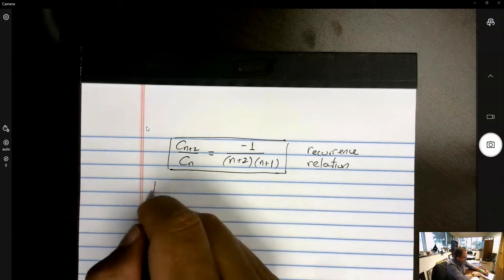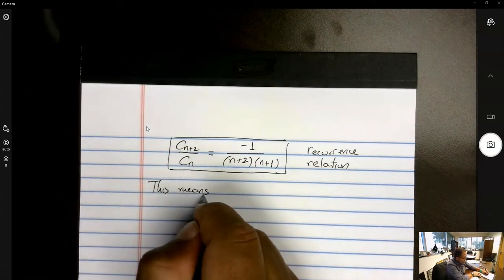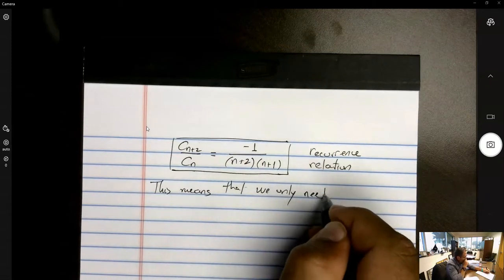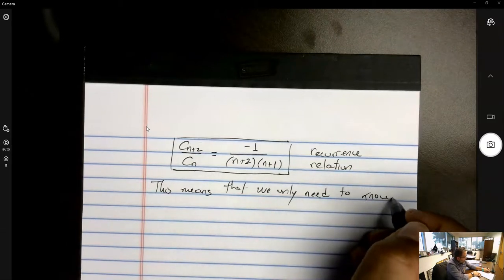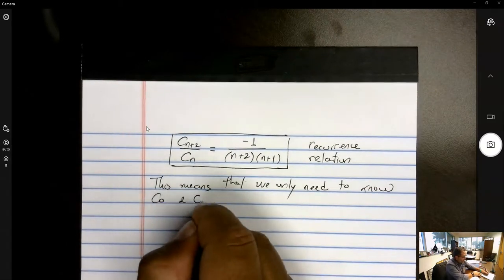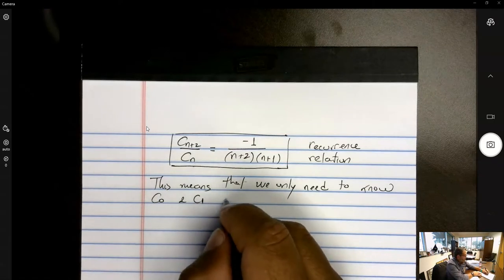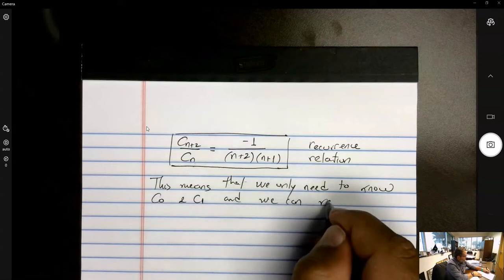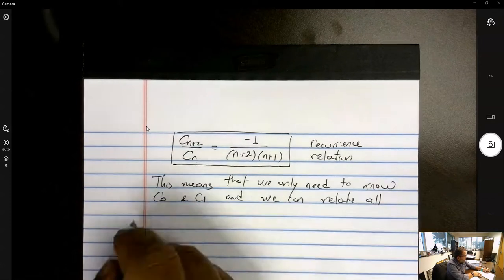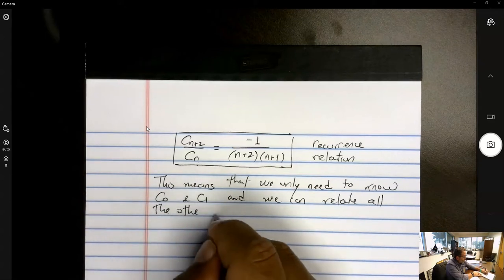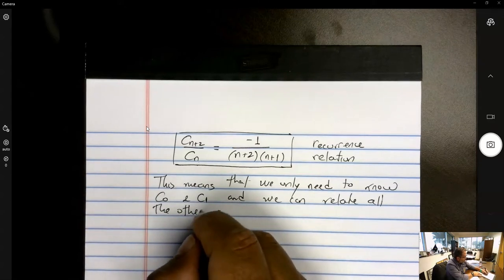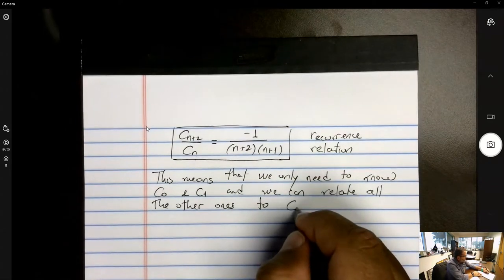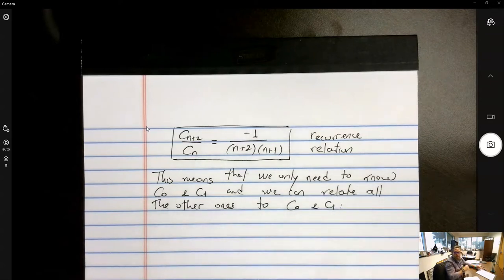So this means that we only need to know C0 and C1, and we can relate all the other ones to C0 and C1. It's very simple.